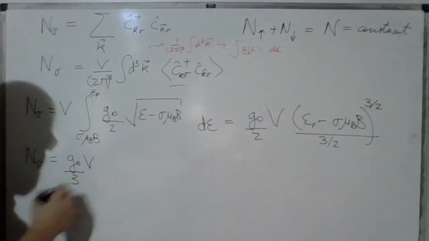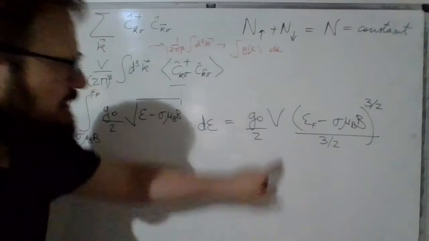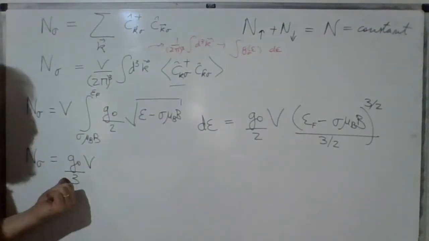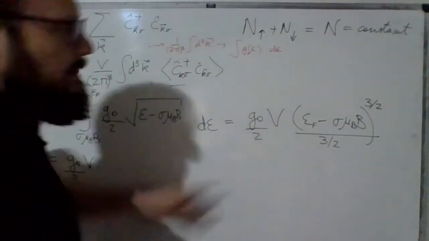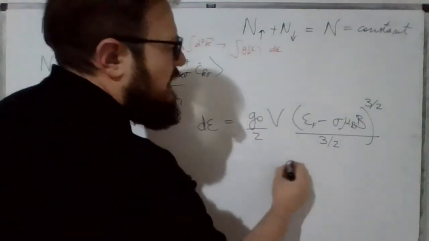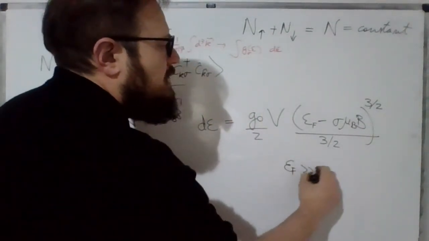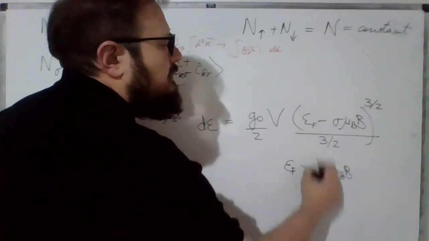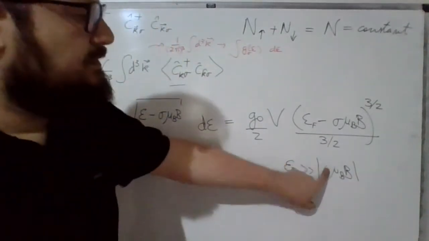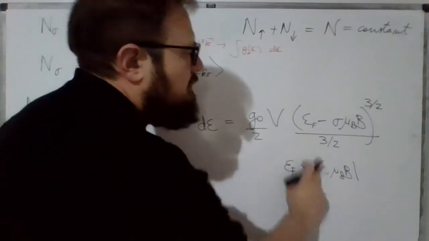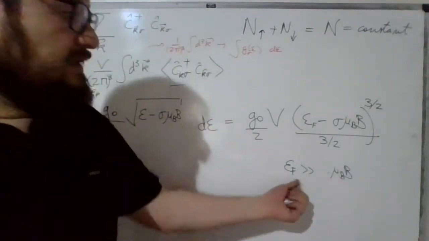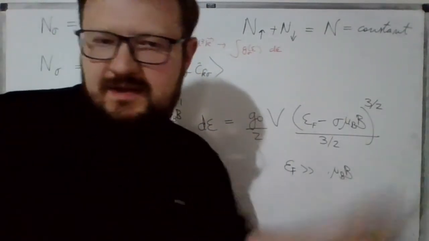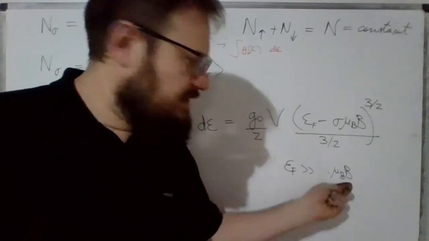It cancels this 2 here, and it becomes a factor of 3. We can, remembering that the Fermi energy is much higher than this energy modulus, which doesn't depend on spin now. Okay, so this Fermi energy is higher than this thing here.